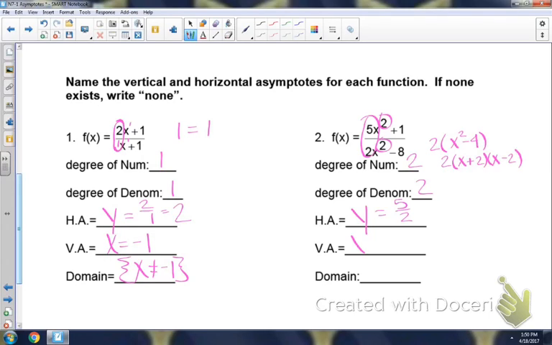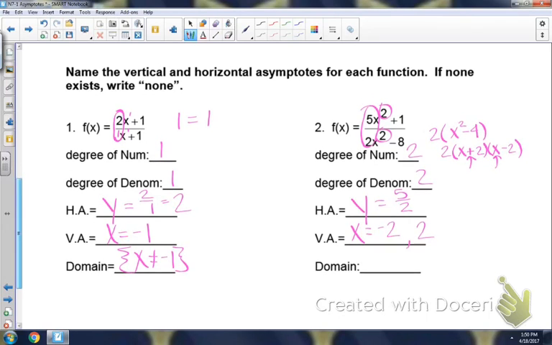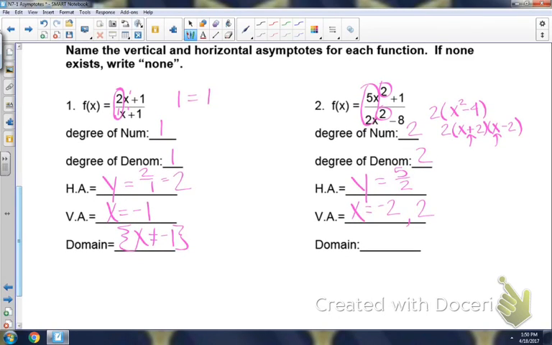So your vertical asymptotes would be at negative 2, because that's what would cause that one to be 0, and positive 2. Domain is all real numbers except negative 2 and positive 2. So those are the two numbers that would cause our denominator to equal 0.